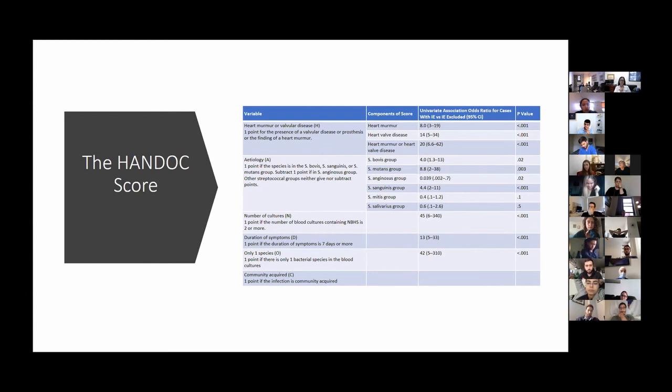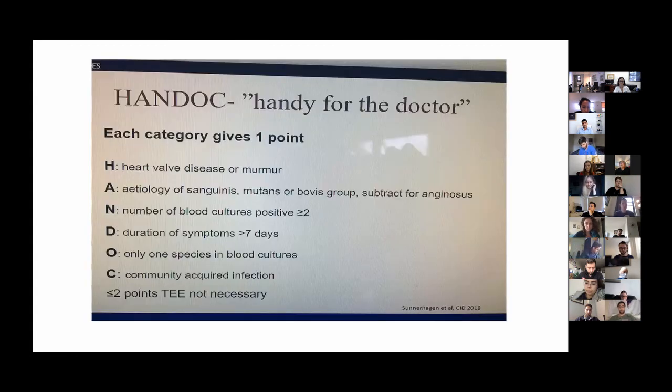So it was a nice scoring system, but basically they say, do you have a heart murmur? Do you have one of the species that is more associated with endocarditis? How many blood cultures? How long have you been sick? Is it just one bacteria in the blood culture, and was it community acquired? If you've got more than 3, then probably you've got endocarditis. Let's go to the next one. So this was a little bit more readable.